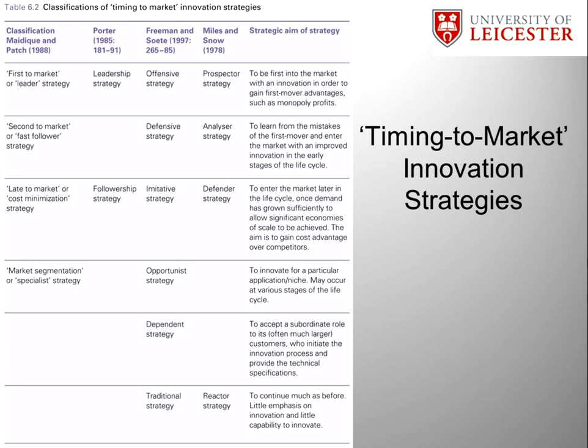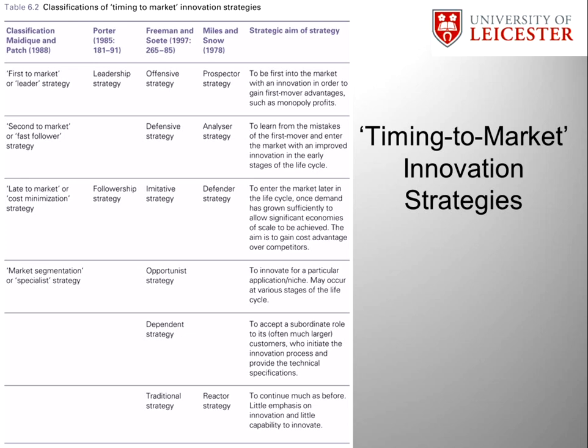Those are the three key innovation strategies that you might want to look at. But there's also market segmentation, where you almost try to sidestep the core market by looking at new market segments.